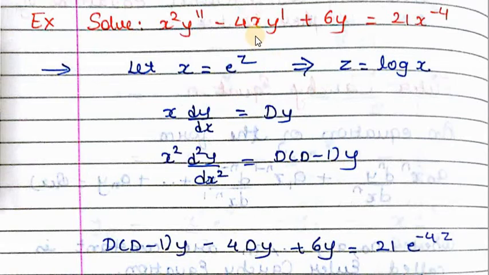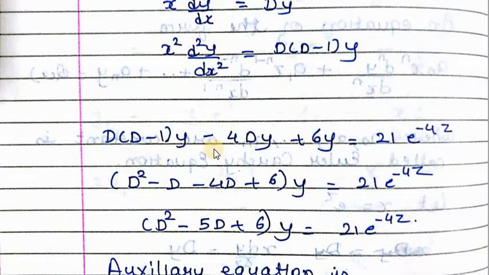So replacing x y dash by Dy, and x square y double dash by D (D minus 1) y, and x by e raised to z, we will have D (D minus 1) y minus 4, which will be as it is, and x y dash will become Dy, then after plus 6y equals 21, and replacing x by e raised to z, it will become e raised to z the whole raised to minus 4, so it will become e raised to minus 4z.